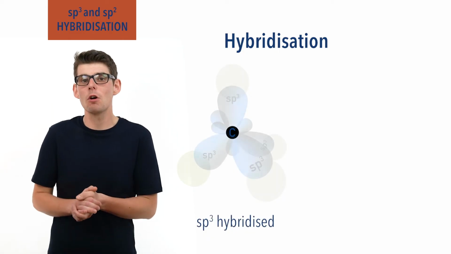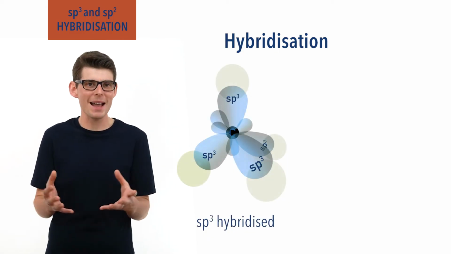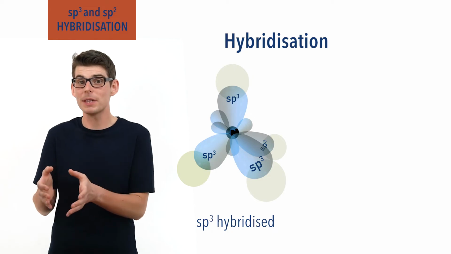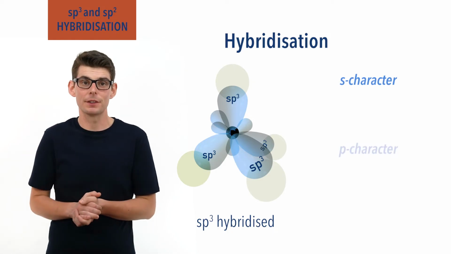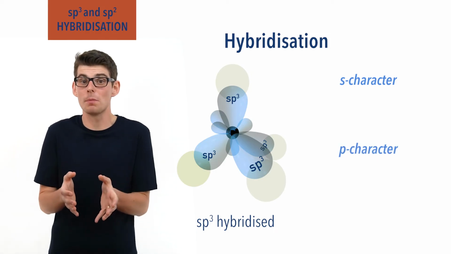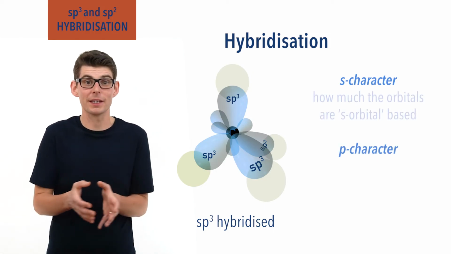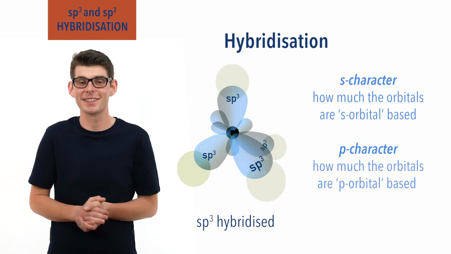The sp3 orbital shapes are a bit of a mashup of an s orbital and p orbital, and they are described as having s character and p character. Basically, how much the orbital shapes are s orbital like and how much they are p orbital like.